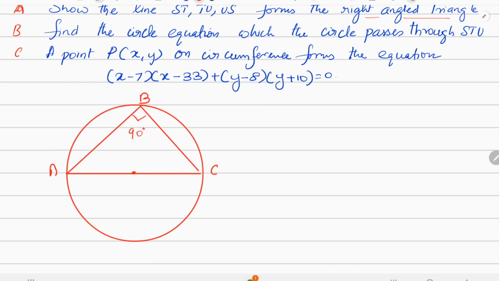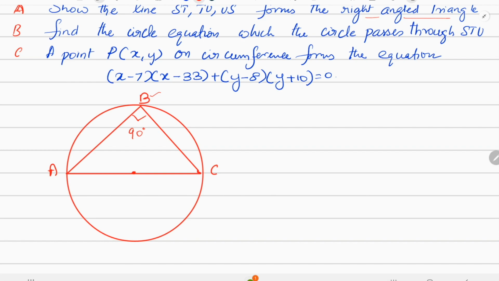This you need to keep in mind. Repeating once again, if you draw a triangle keeping one side passing through the center, and that side is the diameter of the circle, then the third point will always form a 90 degree angle.